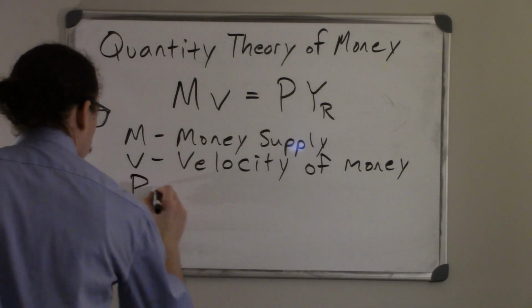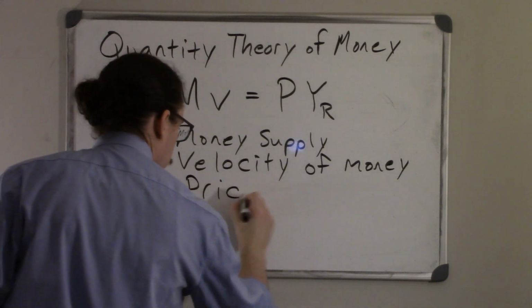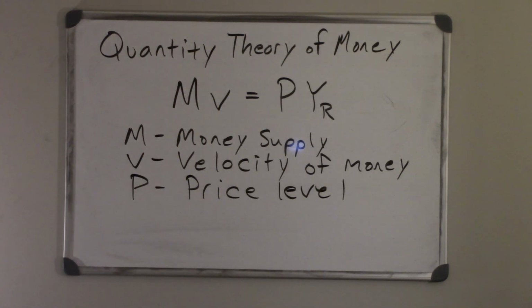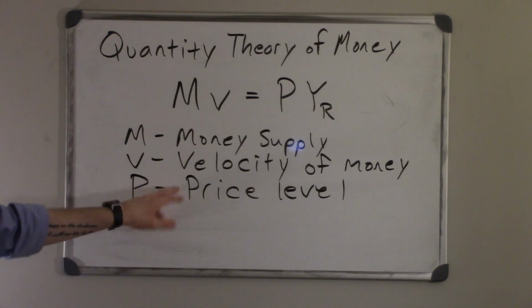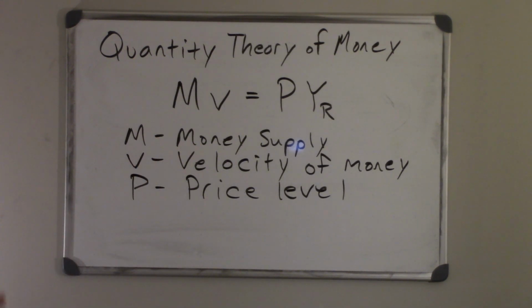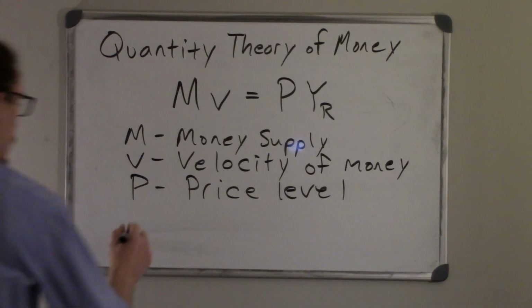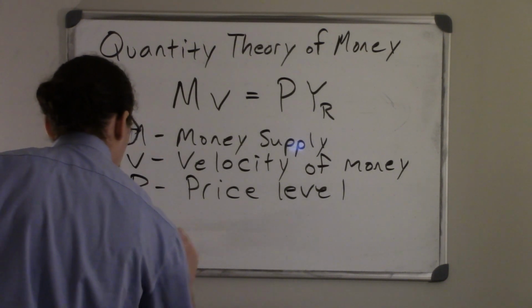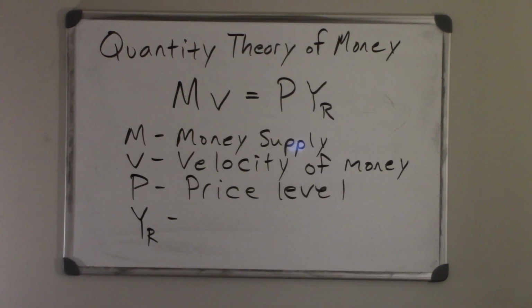Then the P is the price level. That's obviously going to be a key factor because we're looking at inflation, and the inflation rate is the change in price level. And then finally, YR. Hopefully we recognize Y as GDP, although we've only really seen it written as Y once or twice.